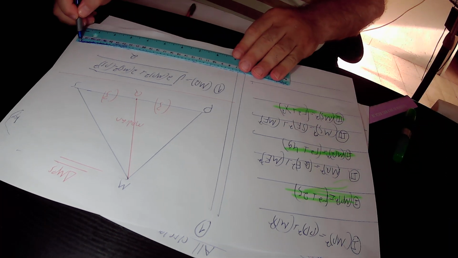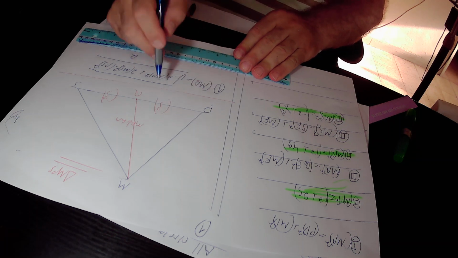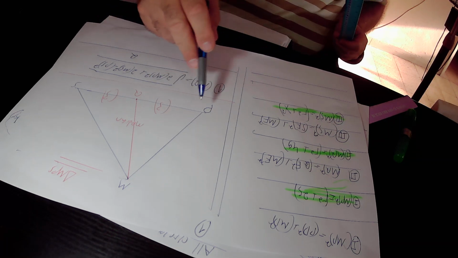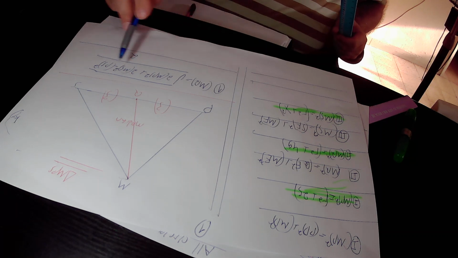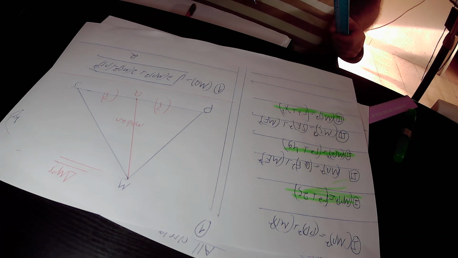Repeat again: the length of the median MQ is equal to the square root of 2 times MP squared plus 2 times MS squared minus PS squared, divided by 2, according to the new formula.